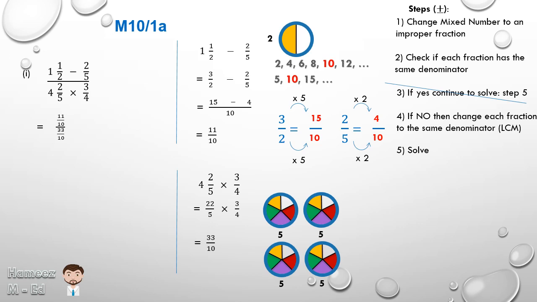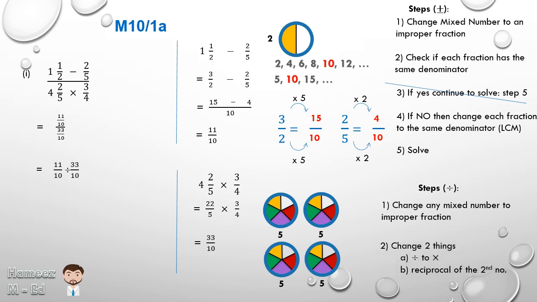But it seems to confuse some students when there are 3 division signs here. So let's rewrite it. So it will be 11 over 10 divided by 33 over 10. And when we are dividing fractions, they are both already improper fractions. And as such, we can now go to step 2, which is to change 2 things.